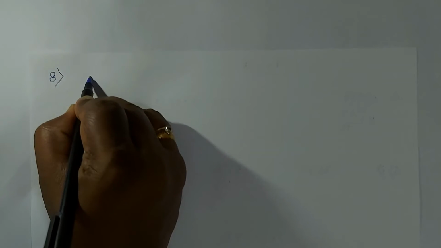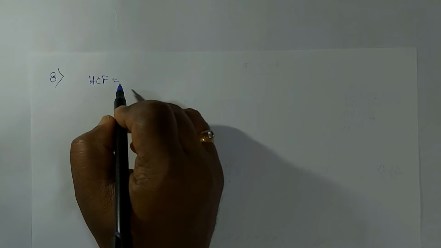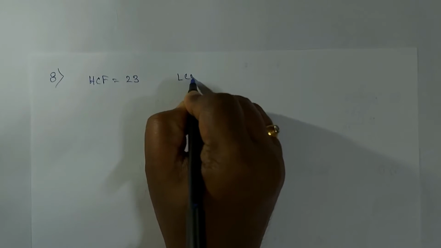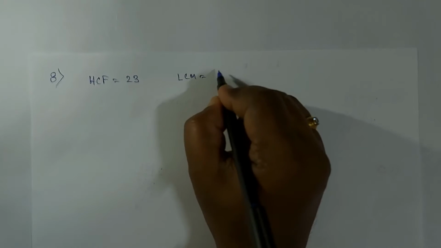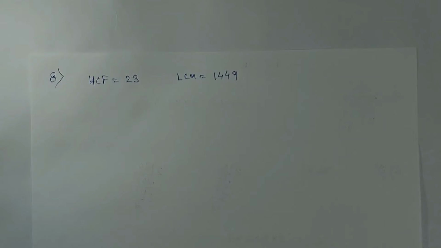Next is question number 8. In question number 8, the HCF of two numbers is 23 and their LCM is 1449.